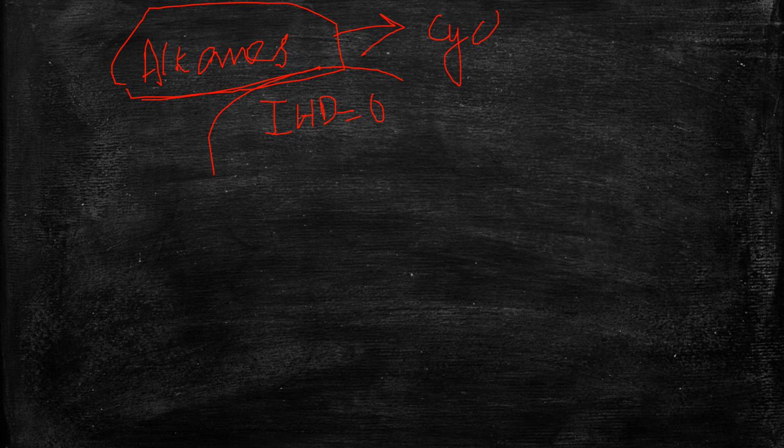For cyclic alkanes, index of hydrogen deficiency will be 1. For linear chain alkanes, acyclic alkanes, index of hydrogen deficiency will always be 0, because they are already fully saturated and they already are in acyclic form. It should be noted.